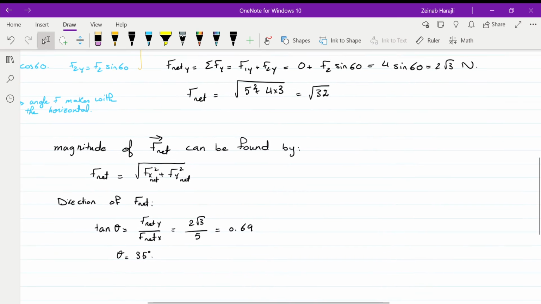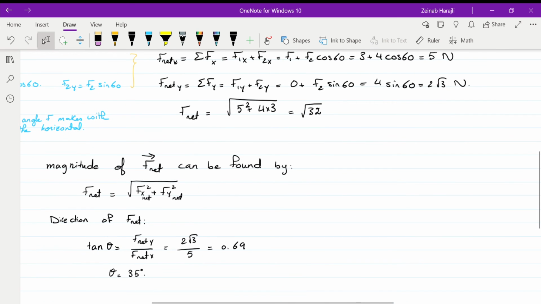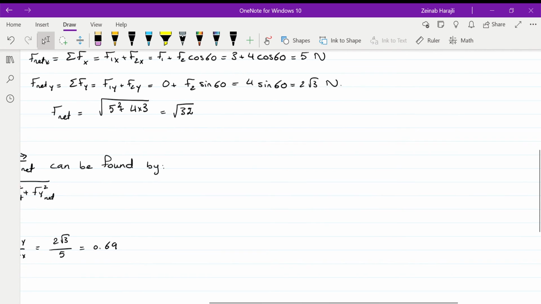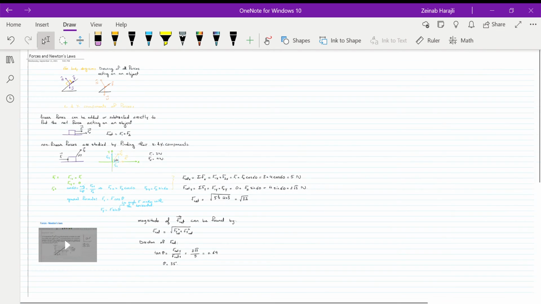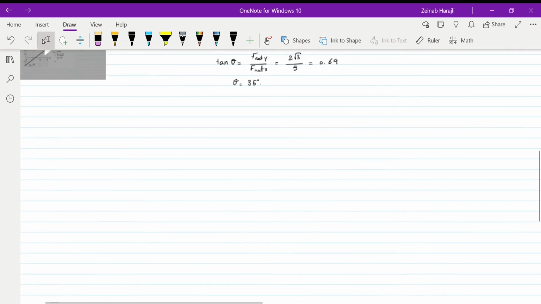Now, sometimes we apply Newton's laws instead of just finding the net force. We can apply Newton's laws to find the acceleration, for example, rather than the net force that we are interested in. So let's recall the formulas for Newton's laws.